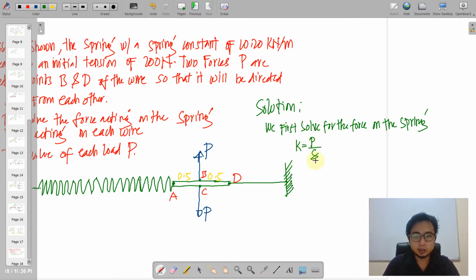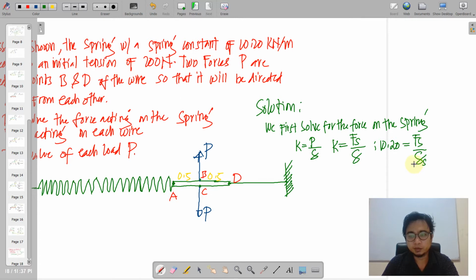Now, this is the general formula for K, and it is different from the P that is defined here in the setup. So perhaps we can change this with another variable, say Fs, or the force on the spring. So substituting what we have, K is given 10.2. We can solve for Fs all over the deformation on the spring, in which we can obtain this out of the geometry.